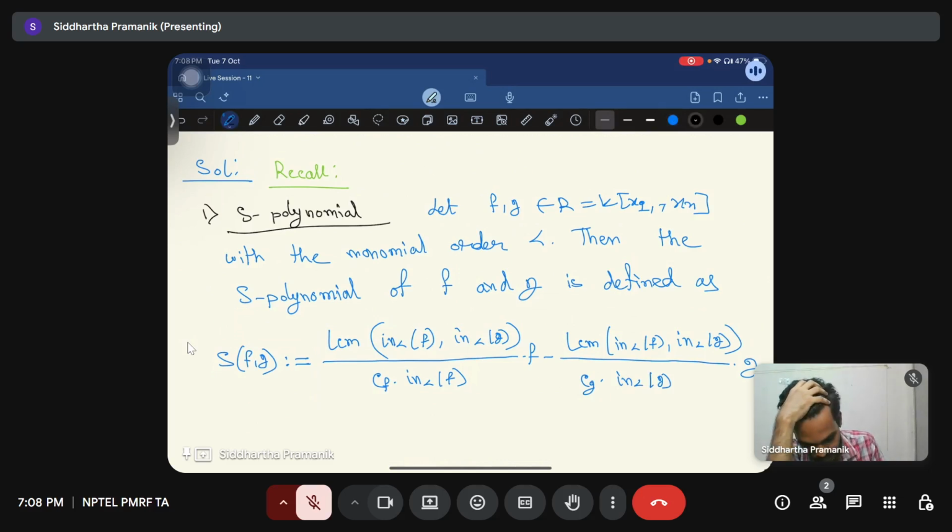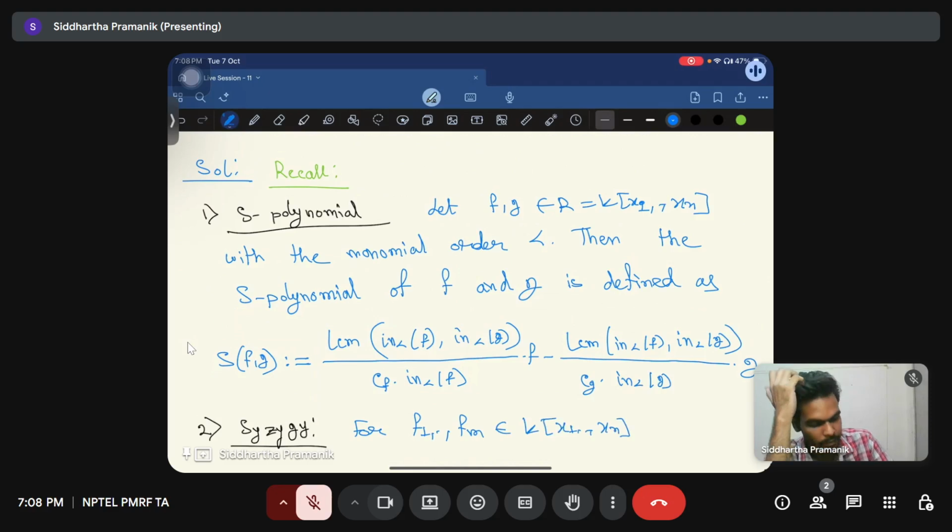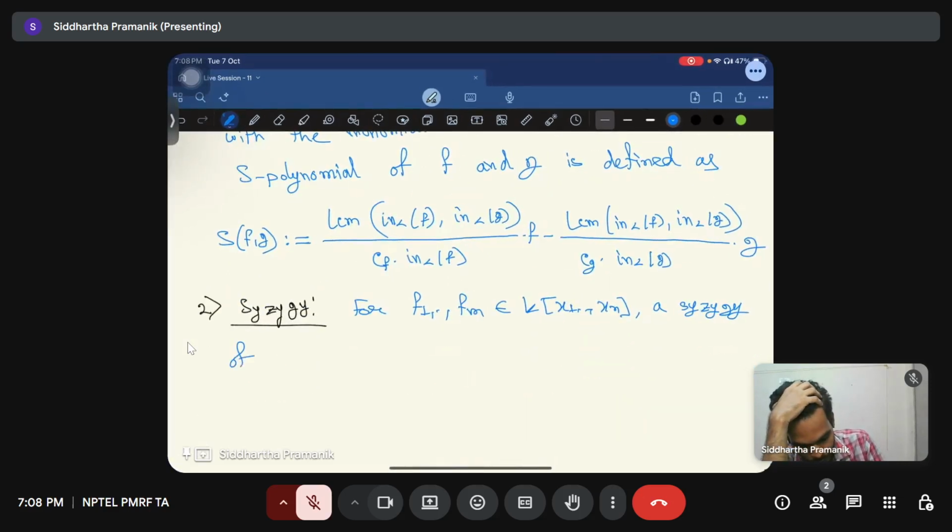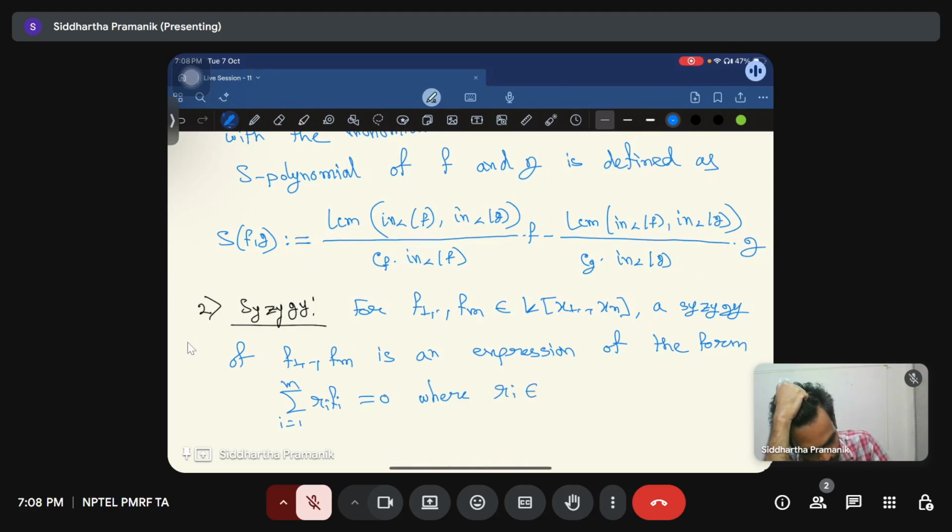And the second one, what is a syzygy? For polynomials, let's say f1 up to fm belonging to k[x1 up to xn], a syzygy of f1 up to fm is an expression of the form summation r_i times f_i equals 0, where i is running from 1 to m, where each r_i belongs to k[x1 up to xn].